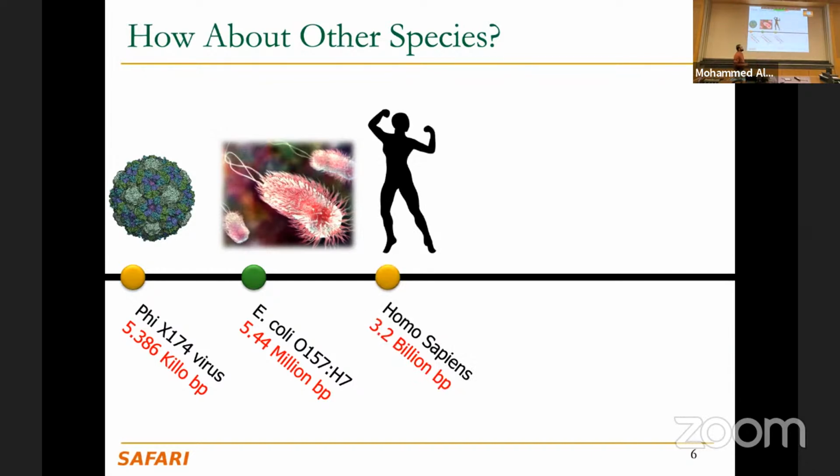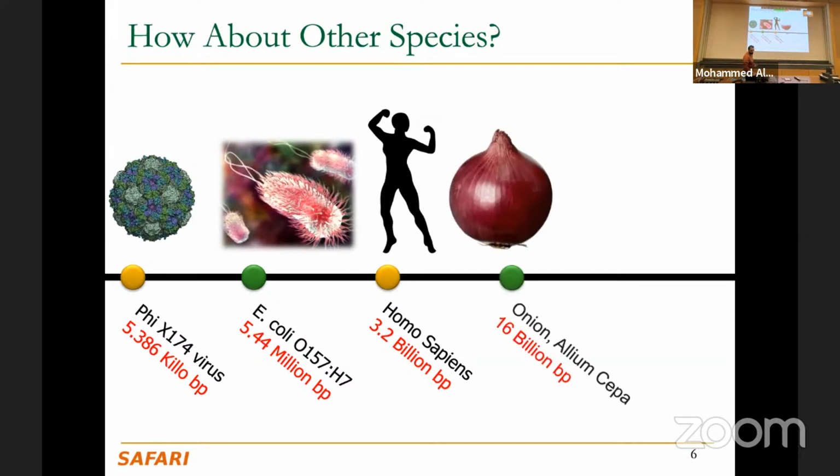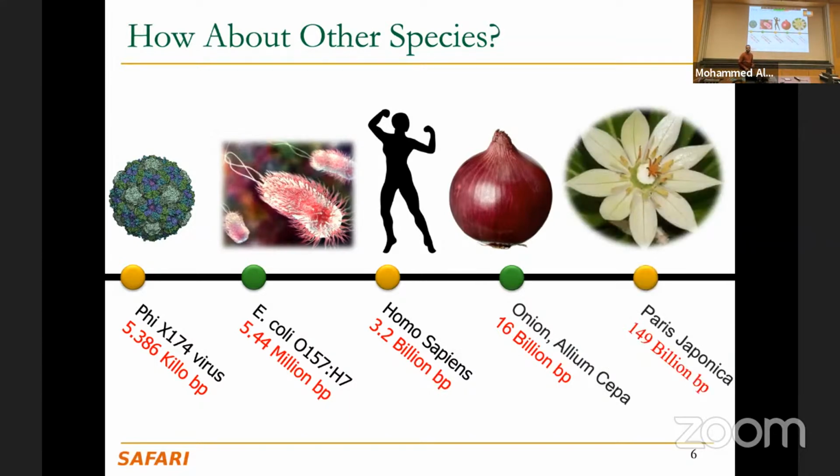We have 3.2 billion characters in our DNA. How about this? A red onion has 5x longer DNA than ours. This Japanese flower has about 50x longer DNA than ours. So you can see the diversity.